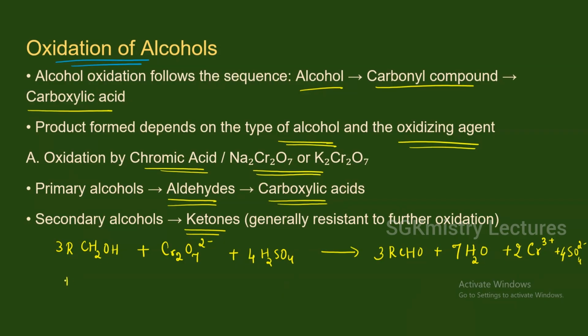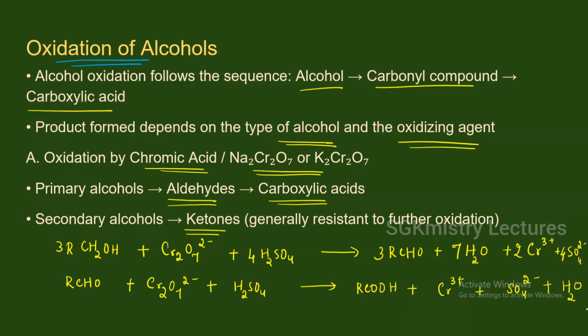Now if I'm going to take further this RCHO, that is the aldehyde, since I'm using potassium dichromate in the acidic medium, this aldehyde will be further oxidized to acid, right? So you have RCOOH, again dichromate is reduced to Cr3+, and there are sulfate ions also, along with water. We have to see that the charges are also balanced on both sides.